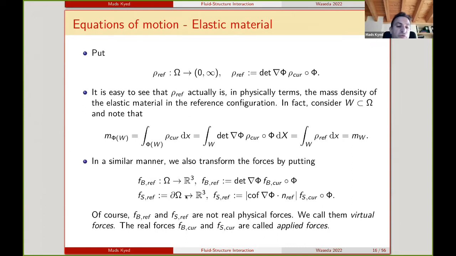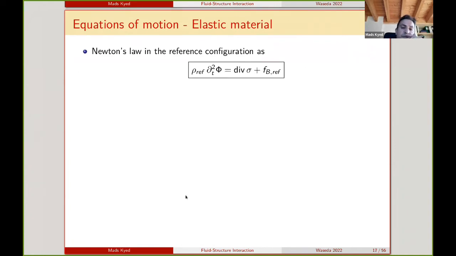Therefore we introduce a reference force, FB ref, and a reference surface force, which are defined as you see here. Of course, these forces are not real physical forces. They are the result of transforming the physical forces in this way into the reference configuration. They are called virtual forces. The real forces are called applied forces.